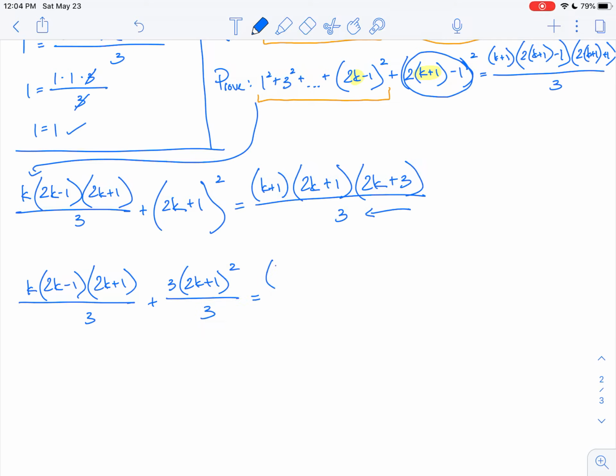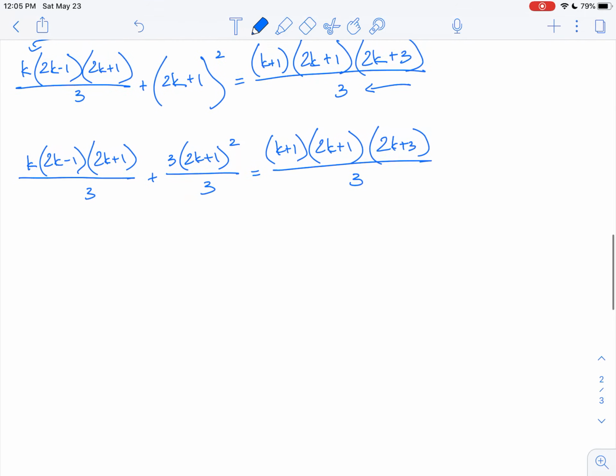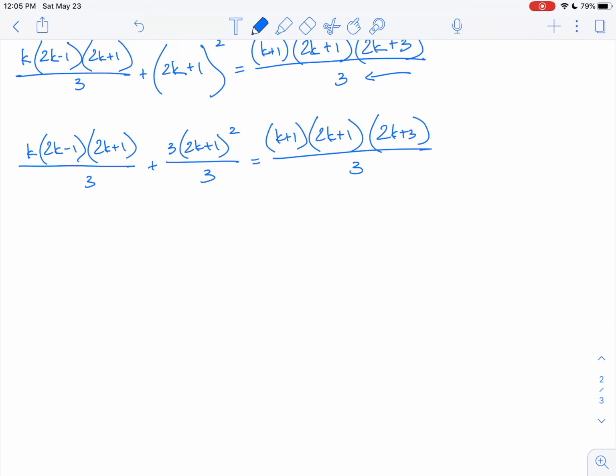And I hope that that's going to equal (k plus 1) times (2k plus 1) times (2k plus 3) over 3. Okay, so let's add our numerators, okay?